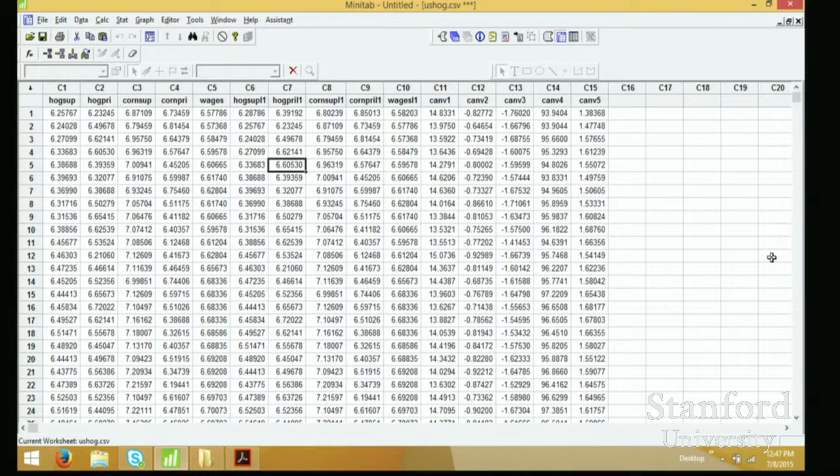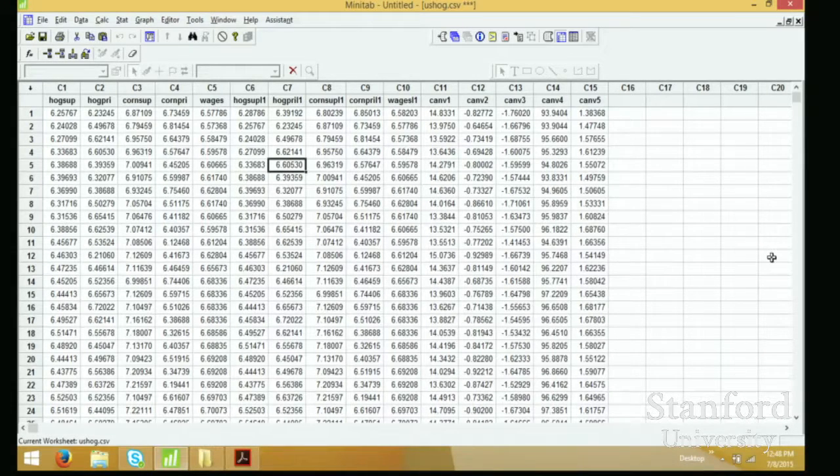So essentially what I have here is the first 5 columns are supposed to be the series related to the hog market: hog supply, hog price, corn supply, corn price, and wages. And then I also took the lag 1 just to show you the connection between this and the past information.